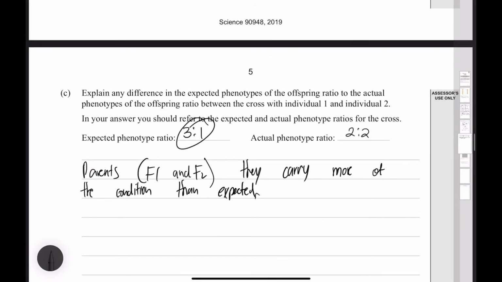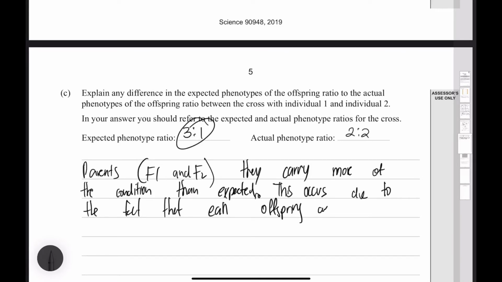So we can write that, and then we can write, so this occurs due to the fact each offspring or individual is the outcome of a random event.